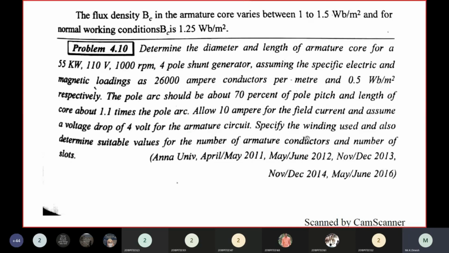So these are all the things which were given in the problem. It is a 55 kilowatt, 110 volt, 1000 rpm, 4-pole shunt generator. The loadings are given, and pole arc to pole pitch ratio, length to breadth ratio, and your field current value, IaRa drop, everything is given.